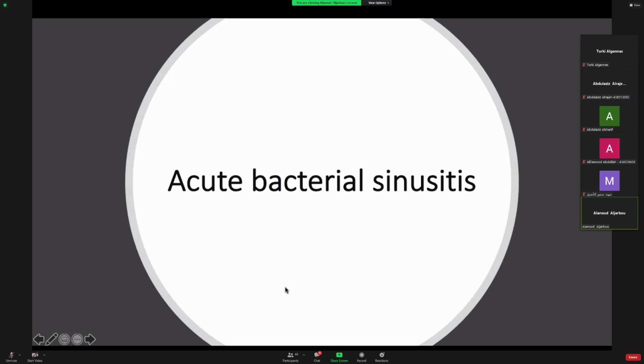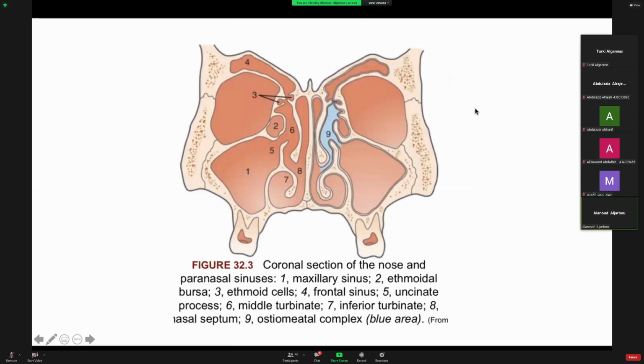Now let's move to acute bacterial sinusitis. Prior to that, just to remind us about the sinuses, usually acute bacterial sinusitis is a complication of viral infection. As you see, the mucous membrane of the nose continues through all the sinuses, and also we have the ostiomeatal junction.